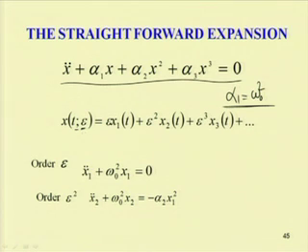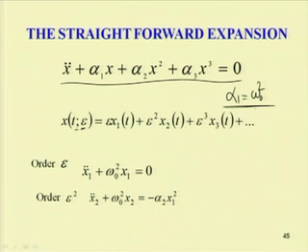If one substitutes this in the equation, one can write x double dot equal to epsilon x 1 double dot plus epsilon square x 2 double dot plus epsilon cube x 3 double dot, plus alpha 1 into x plus alpha 2 into the square of these 3 terms.